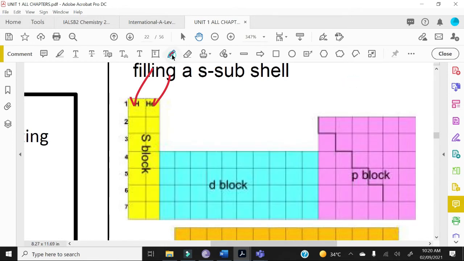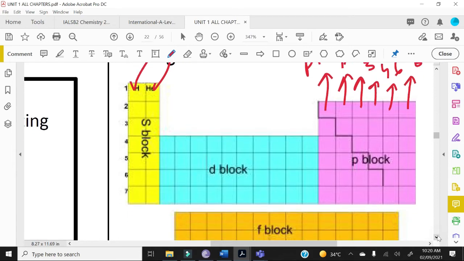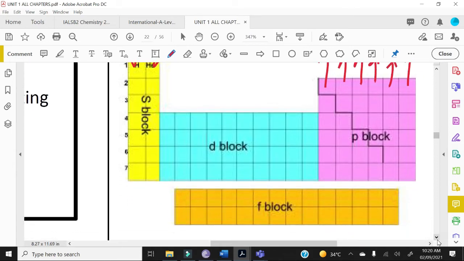Total 6 electrons can be accommodated. So P having 1 electron, P is having 2 electrons, 3 electrons, 4 electrons, 5 electrons and p6 completed.